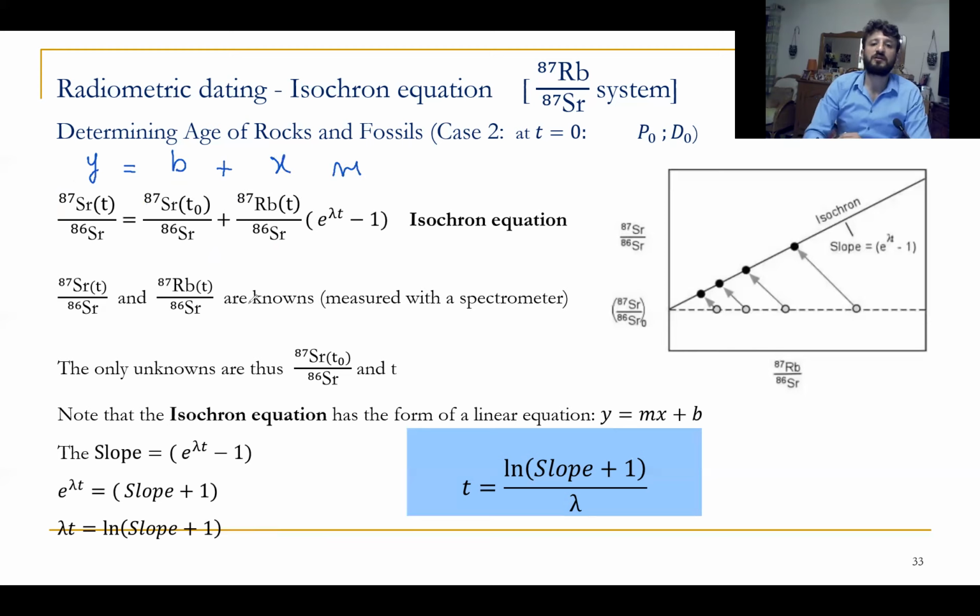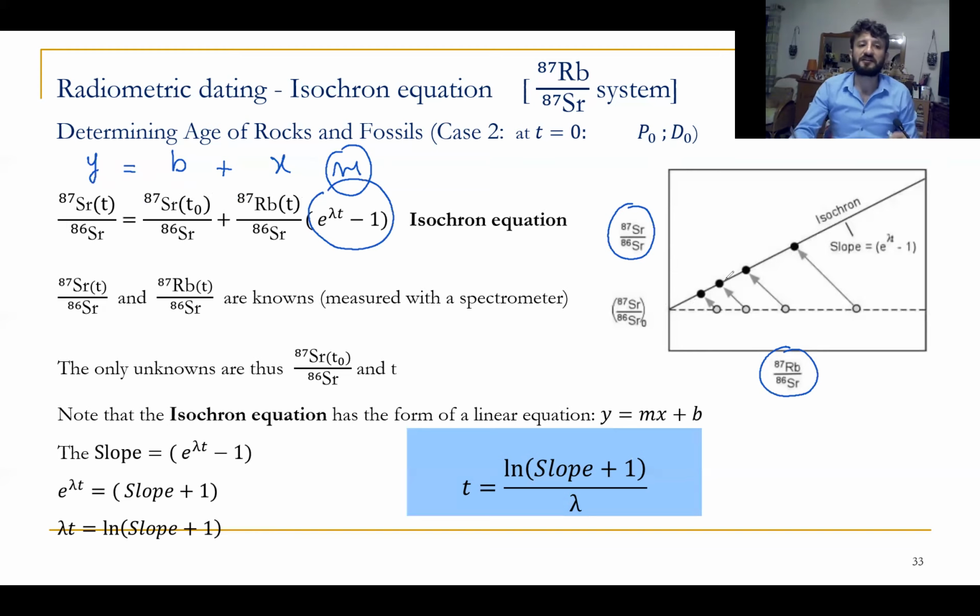It's a linear equation where we can plot y in terms of x. We get a line where the slope m equals exponential lambda t minus 1.